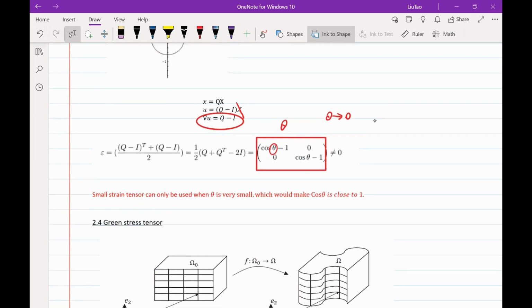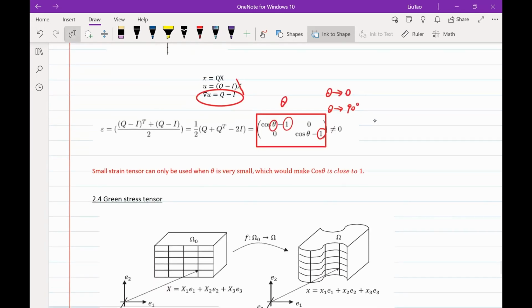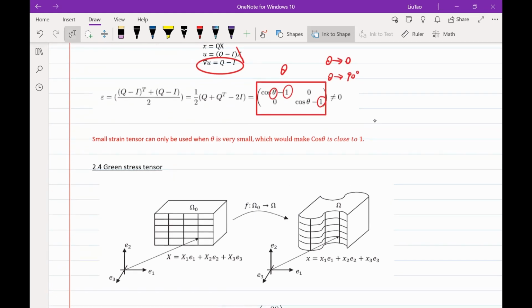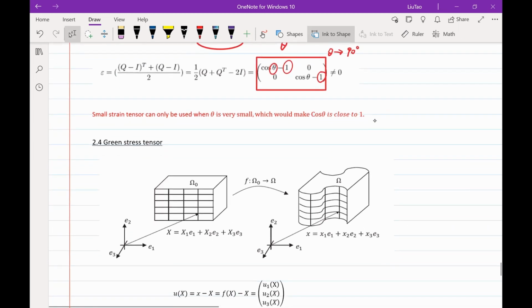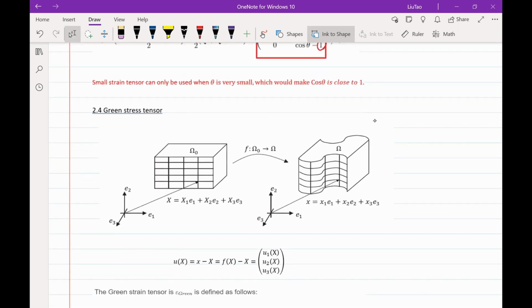But when theta is close to 90 degrees, this will give us a large error, so this is not acceptable. It's a judgment call, but you need to be aware of this limitation of the small strain tensor.